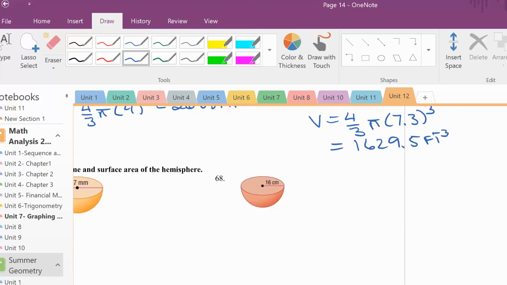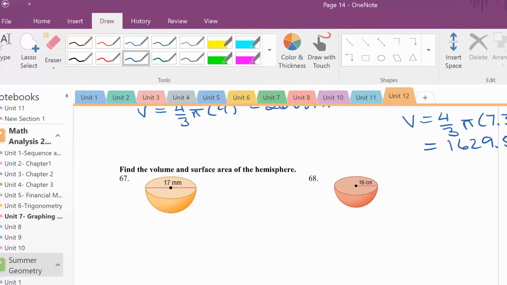All right, so then a couple of hemispheres. Remember, surface area of a hemisphere is 3 pi r squared. So here the radius is 8.5 because it's half of 17.